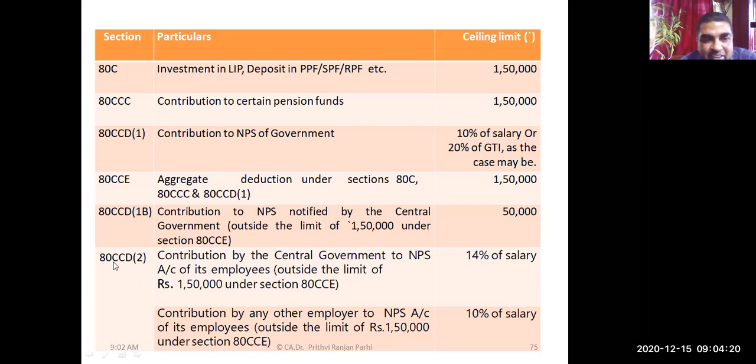Now coming to 80CCD2, contribution by the central government to NPS account of employees. Here 14% is the limit. For other employer, limit is 10%. But you see, this 80CCD2 is outside the limit of 1,50,000 rupees. That means employer contributions are outside the limit of 1,50,000 rupees.